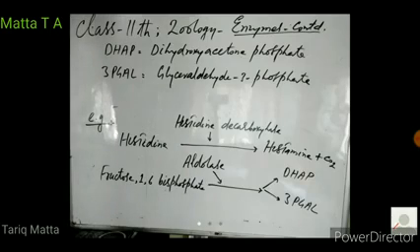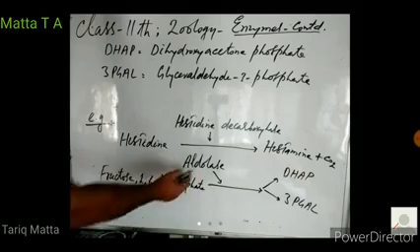So lyases are those enzymes which catalyze breakdown of carbon-carbon, carbon-hydrogen, carbon-oxygen, carbon-nitrogen, carbon-sulfur, and carbon-halide bonds. Or we simply say they catalyze breakdown of covalent bonds to convert a large molecule into a simple molecule.